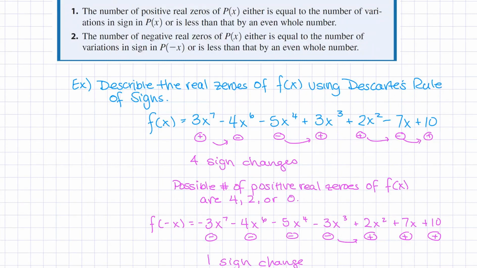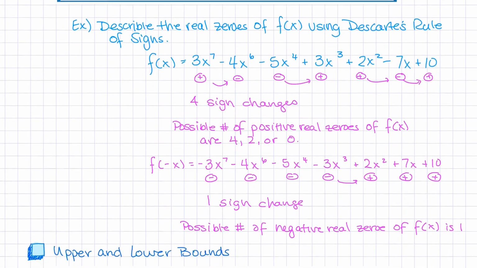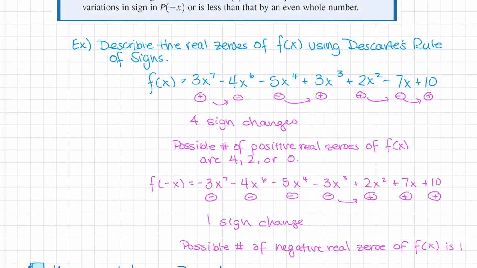And now I do the same exact thing for the negatives, except I'm just going to plug in a negative x first. Remember when you raise a negative to an odd power, it's going to be negative, so it's going to change the sign. So this 3 is going to become a -3. But a negative to an even power is positive, so we won't change the sign. So basically, if there was an odd exponent, change the sign.